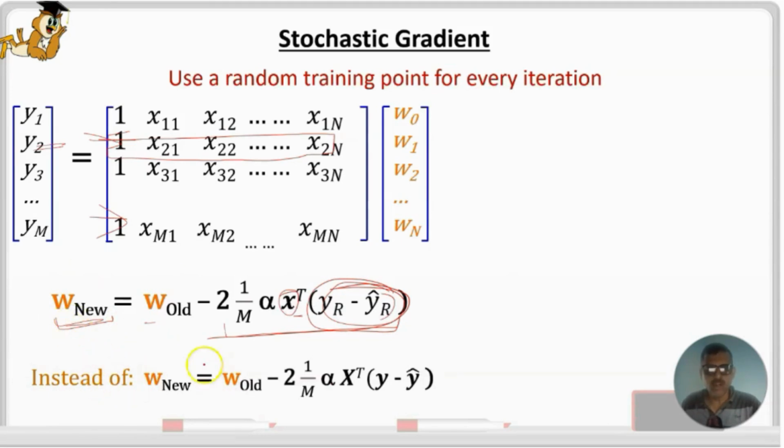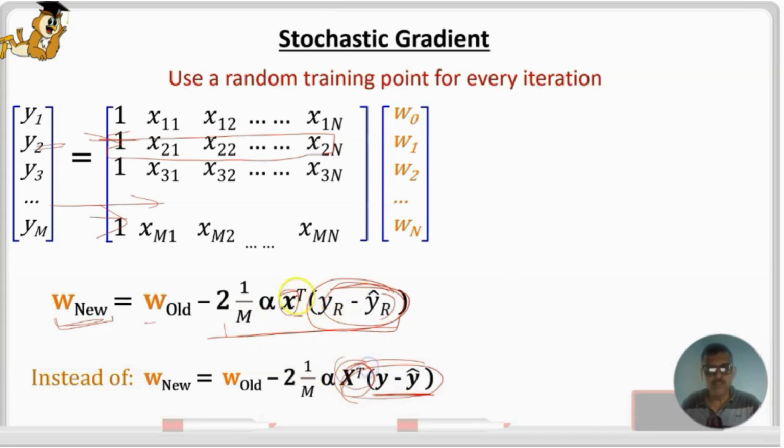So just to contrast with what we were doing in the generic gradient descent, there this was a matrix of size m by n, which was being multiplied with a vector, the vector of residues, and this was happening in every iteration. As opposed to that, in stochastic gradient, because you select one random point in each iteration, you essentially do not have a vector matrix notation.